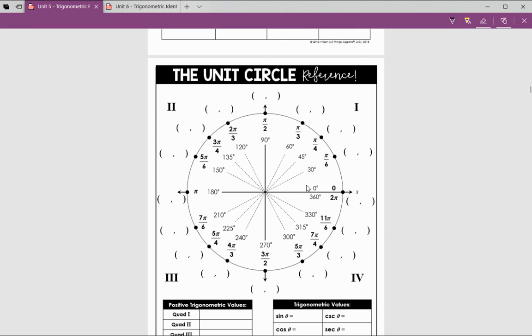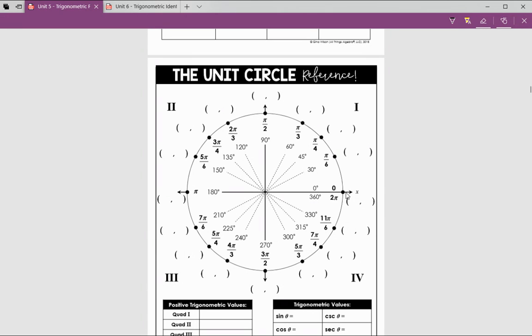So if we did those little conversions that we were doing yesterday that y'all turned in for me, if you took 60 degrees and created the radian, it would be pi over 3. So they've given you all the special radian values, okay? Now, every single one of these dots has an ordered pair associated with it, okay?